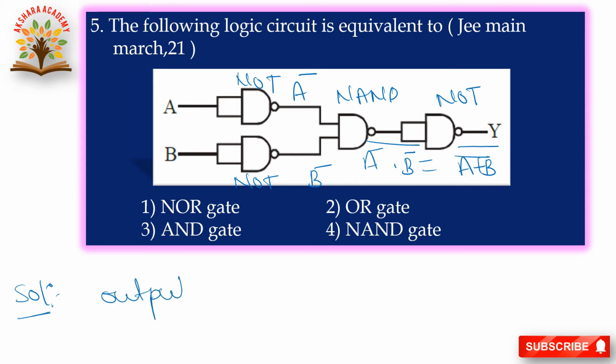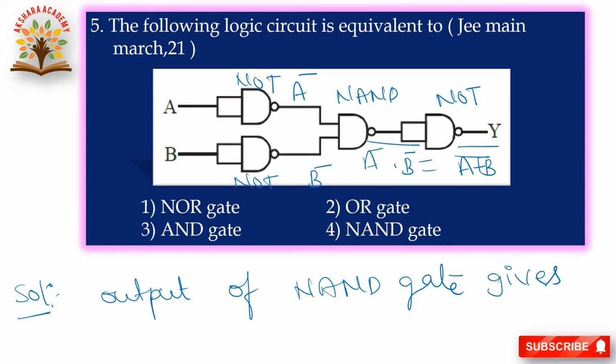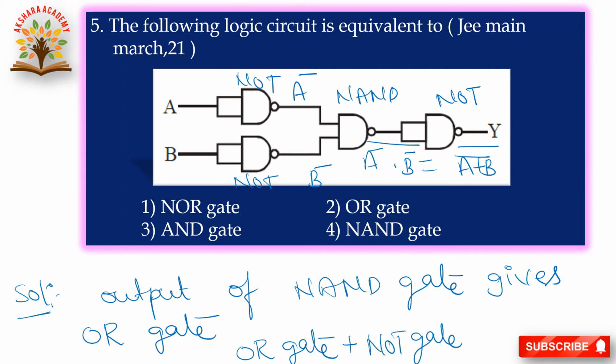Output of NAND gate gives OR gate. So OR gate plus NOT gate is equal to NOR gate.